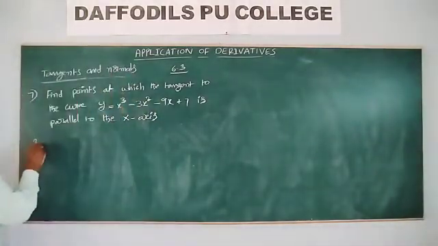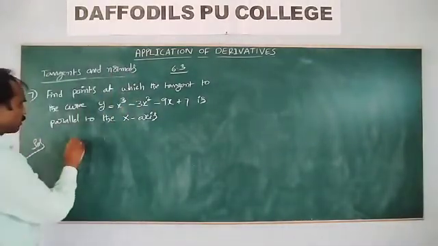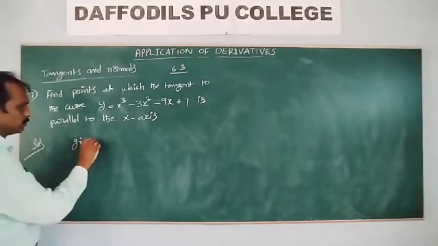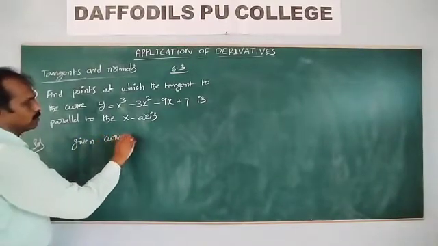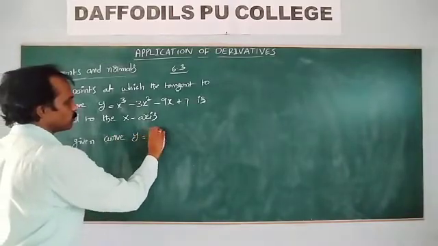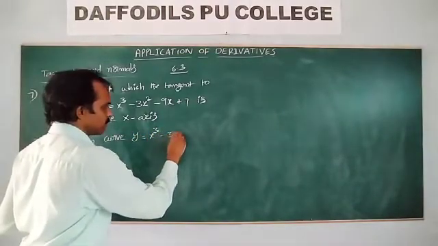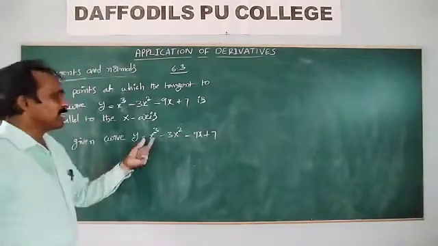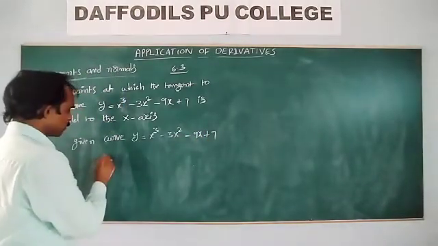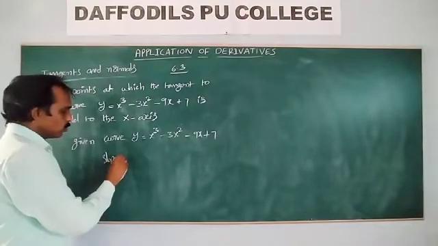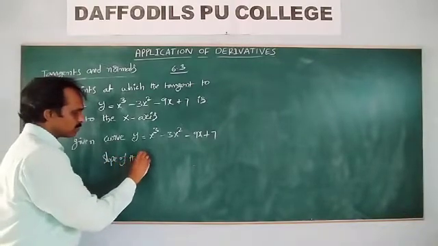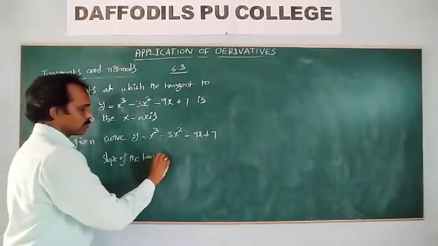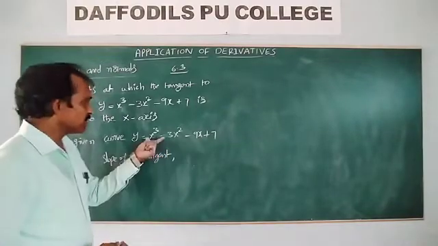Right. Given curve y is equal to x cube minus 3x square minus 9x plus 7. We will find the slope of the tangent, means differentiate this one.